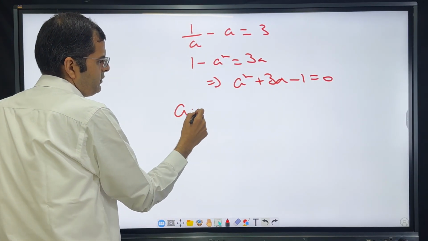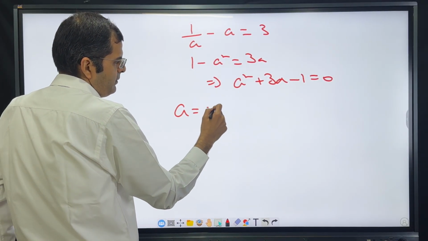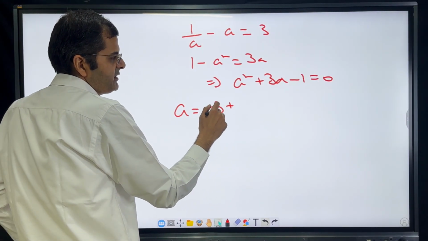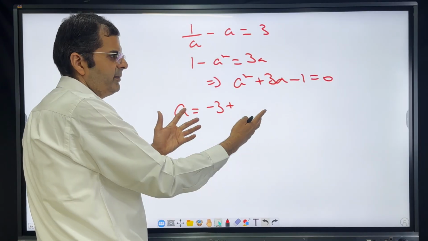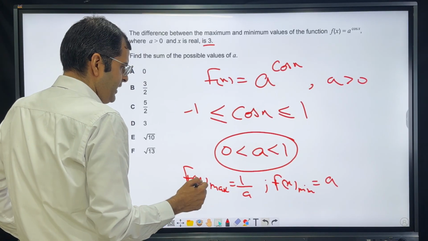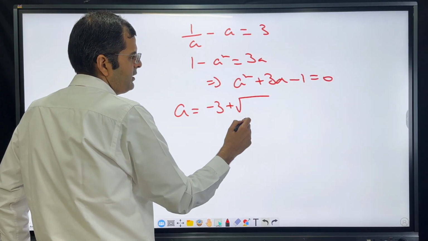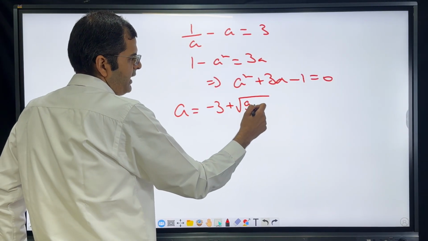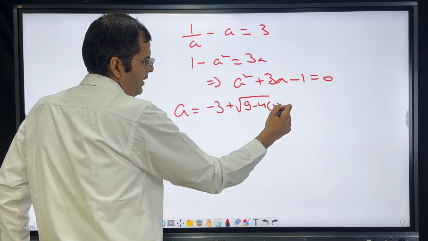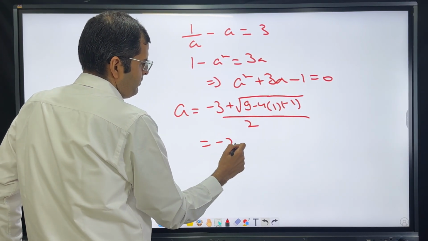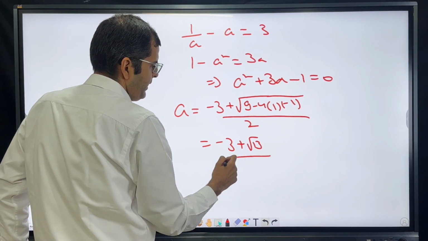So here what are the values of a we get? a equals minus 3 plus, I'm ignoring minus 3 minus, because it becomes a negative number, which is not possible because a has to lie between 0 and 1. So minus 3 plus under root of b square, 9 minus 4 into 1 into minus 1, divided by 2. That is minus 3 plus root 13 by 2.